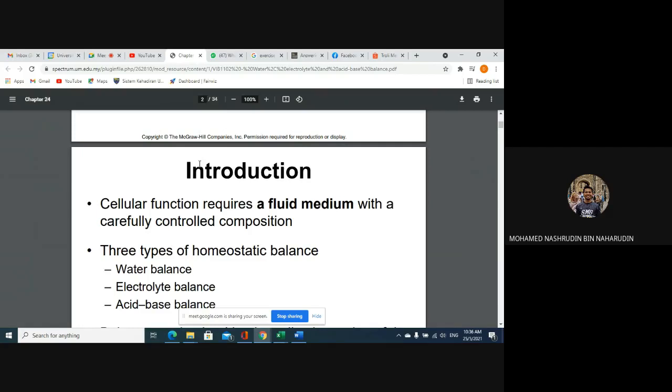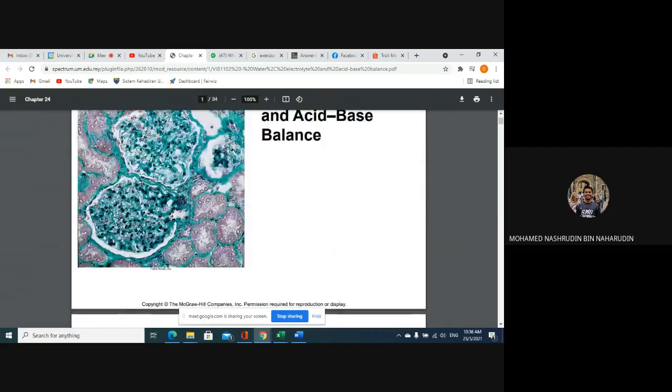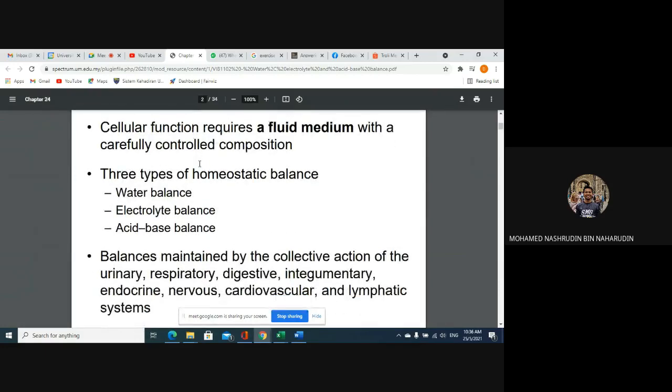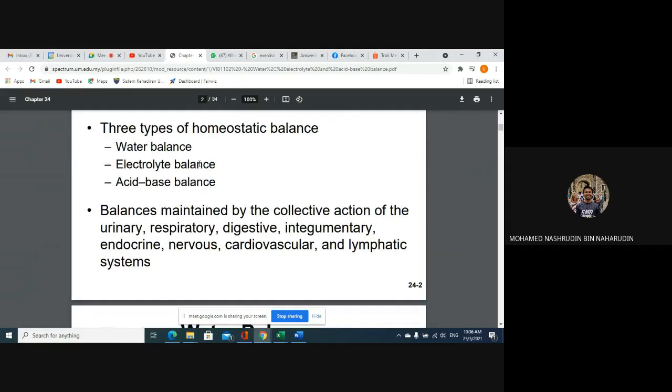And this is a fundamental topic of how you can understand your body better, the physiology and anatomy of fluid, electrolyte, and acid-base balance. So there are three types of homeostatic balance, which are the water balance, electrolyte balance, and acid-base balance.